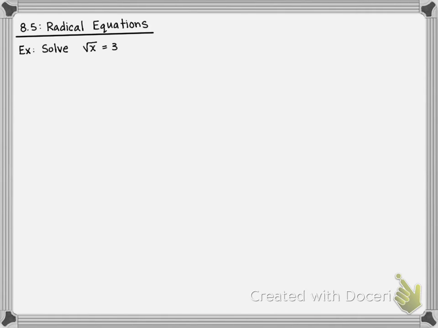So our general process for solving radical equations is going to be to undo that radical. And we know that if you square something, then take the square root of it, you just get what you started with back, right? So we are going to square both sides of the equation.